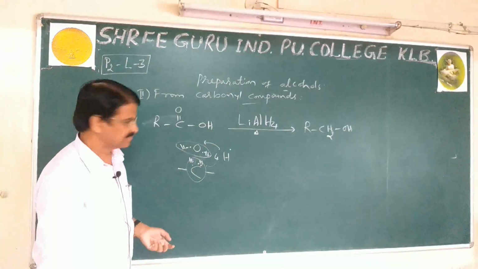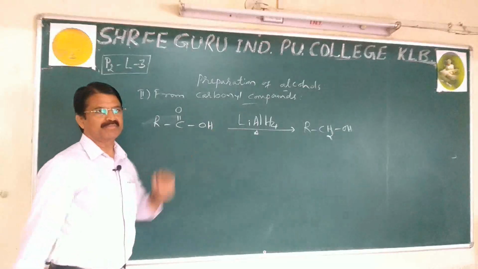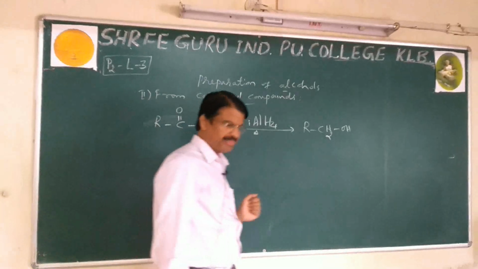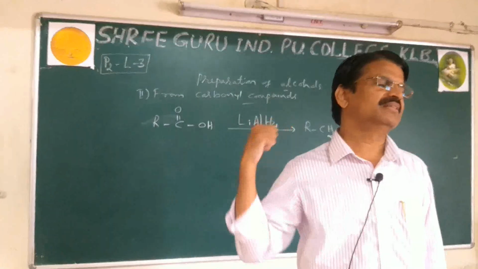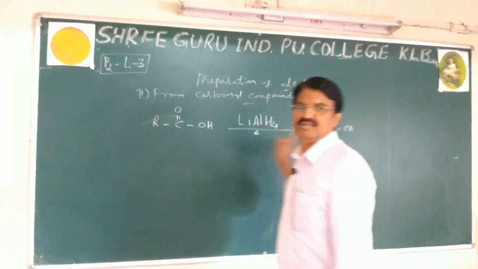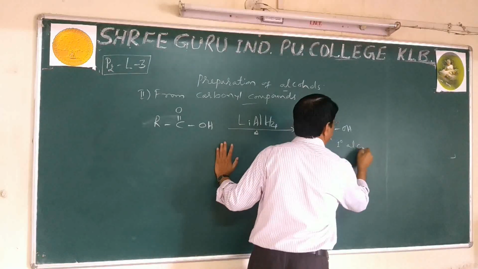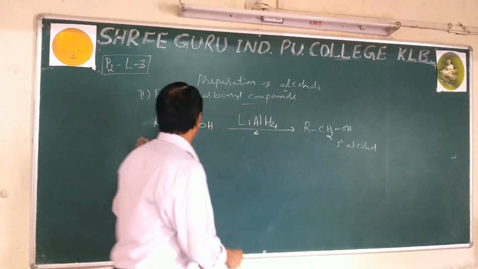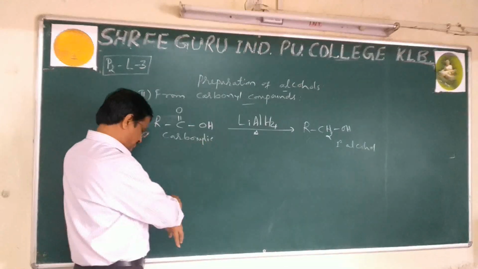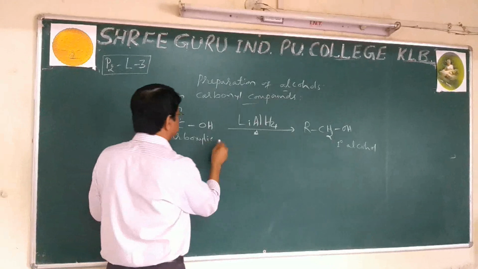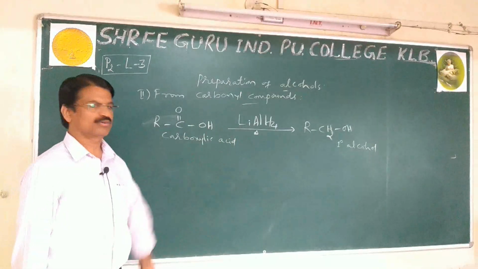So we get a primary alcohol. Important: when carboxylic acid is reduced using lithium aluminum hydride, we always get a primary alcohol. Carboxylic acid into primary alcohol.